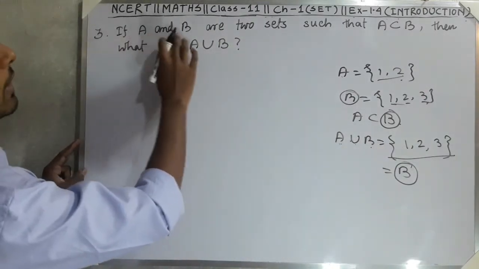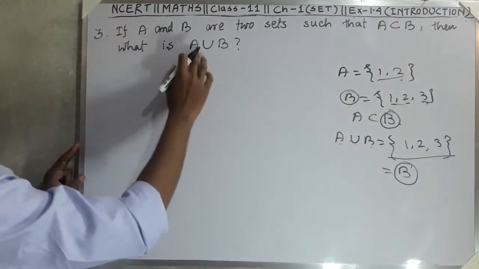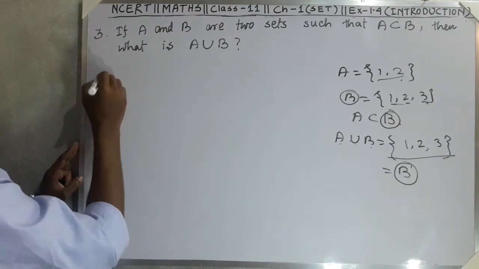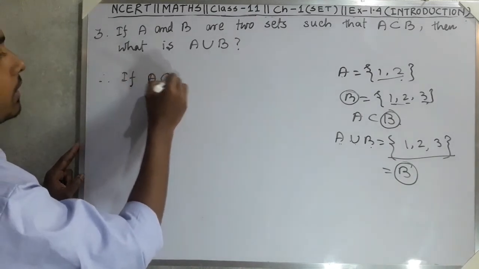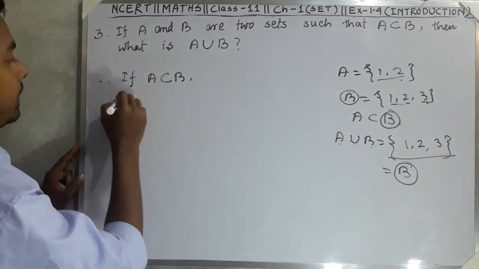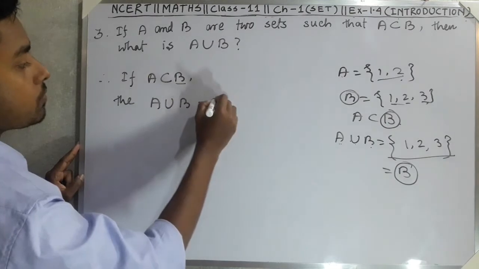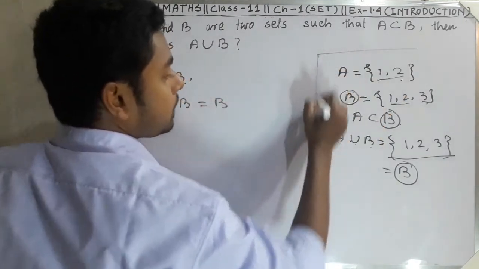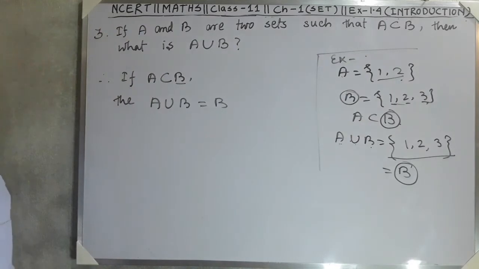Therefore, if A is a subset of B, then A union B will be B. And as an example, I have given it. So pause the video to note it down.